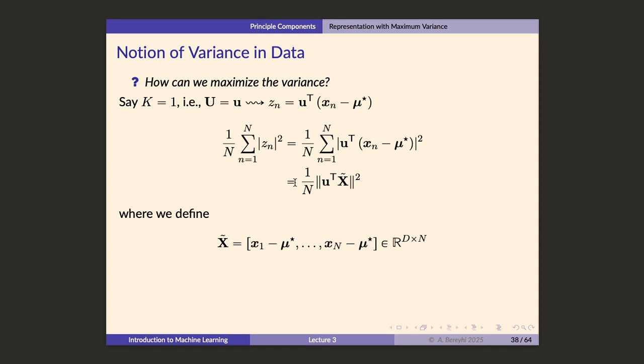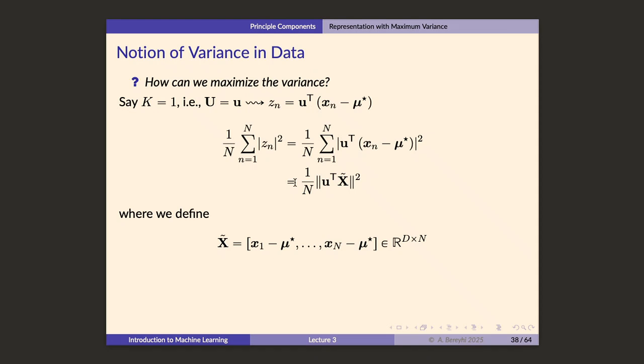How many rows do I have? Every single x is in d-dimensional space, so it's a d-dimensional vector, so I have d different rows and n different columns. Clear? So this is my data set which has been de-biased. I took every single point, shifted it to the origin, and put them next to each other. And this is d times n dimensional.